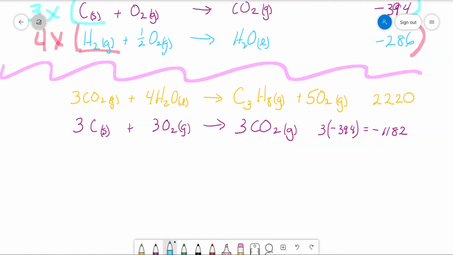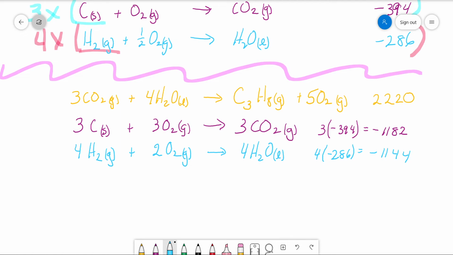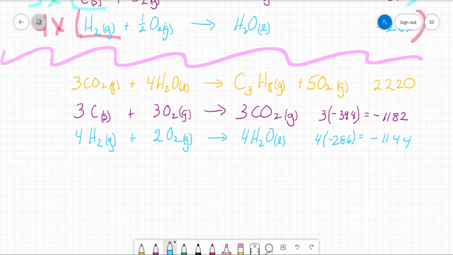So what we get is 4H2 gas plus 2O2 gas gives us 4H2O liquid, and 4 times negative 286 is negative 1144 kilojoules.